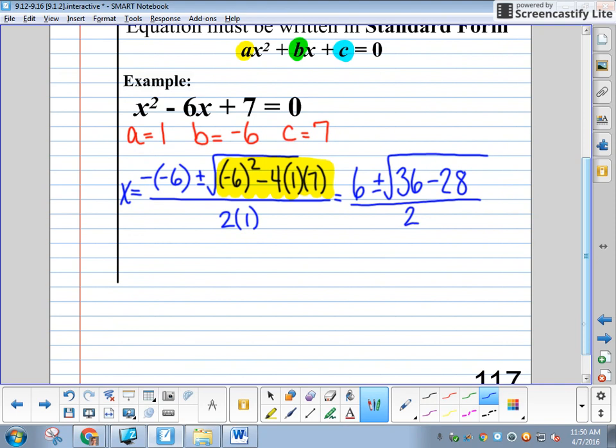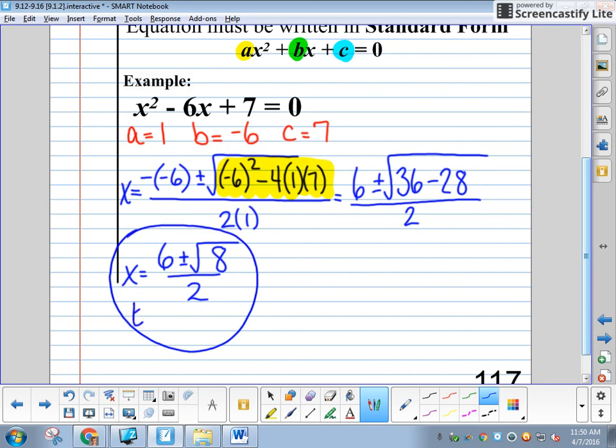Okay, my next step, I'm going to do 36 minus 28. So now I've got 6 plus or minus the square root of 36 minus 28, which is 8, over 2. 8 is not a perfect square. That means that our answer is irrational. So at this point, you can leave it like this.